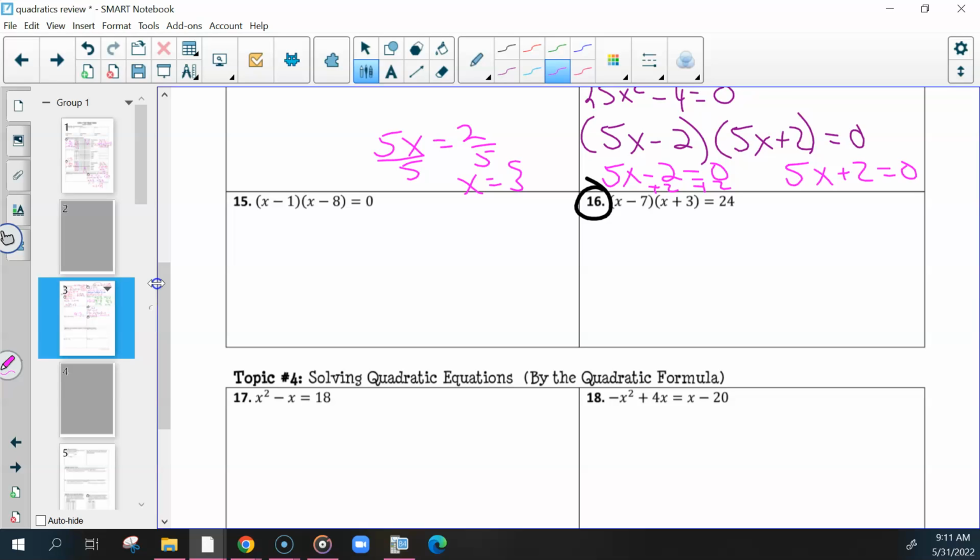Okay, so our two answers would be positive 2/5 and negative 2/5. So you can write them as negative 2/5 and 2/5, or plus minus 2/5. Either or.